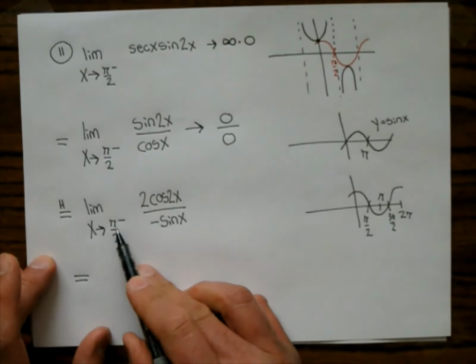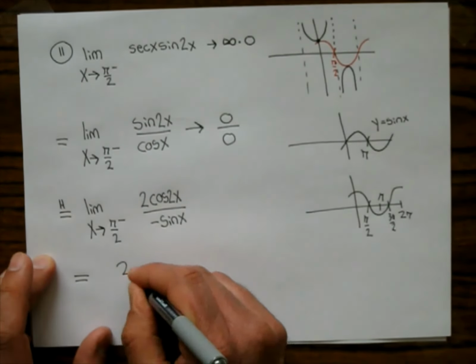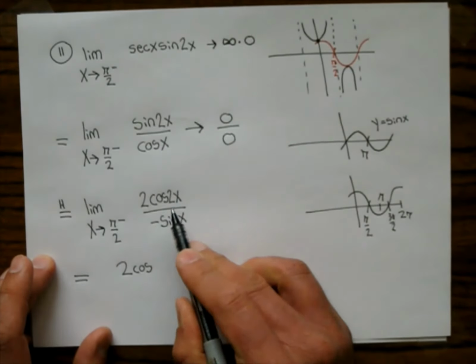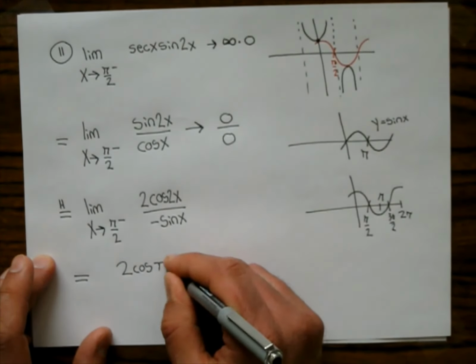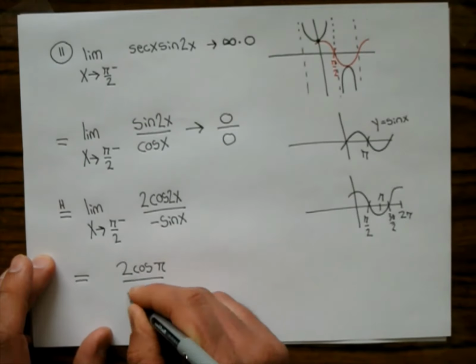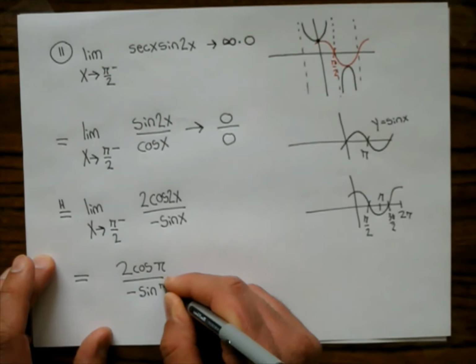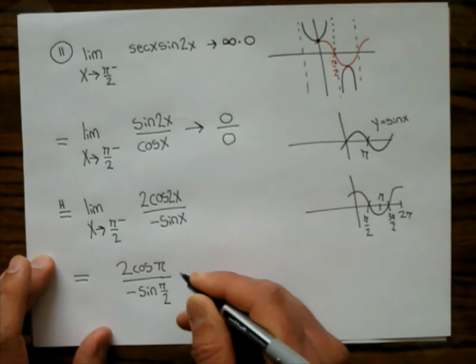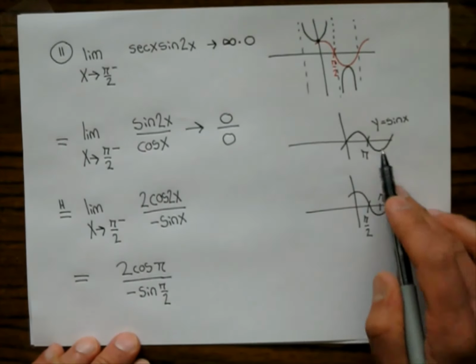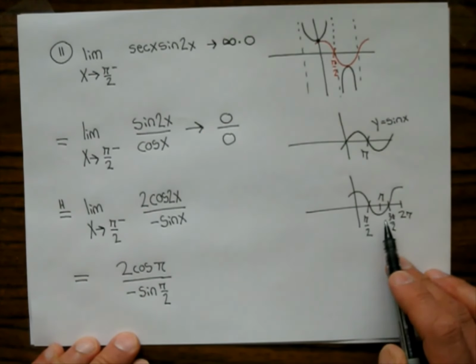Okay, so we put pi over 2 in here. We get 2 cosine of 2 times pi over 2, which is going to be pi, and then this is negative sine pi over 2. We don't have to say from the left because these do not have any vertical asymptotes.